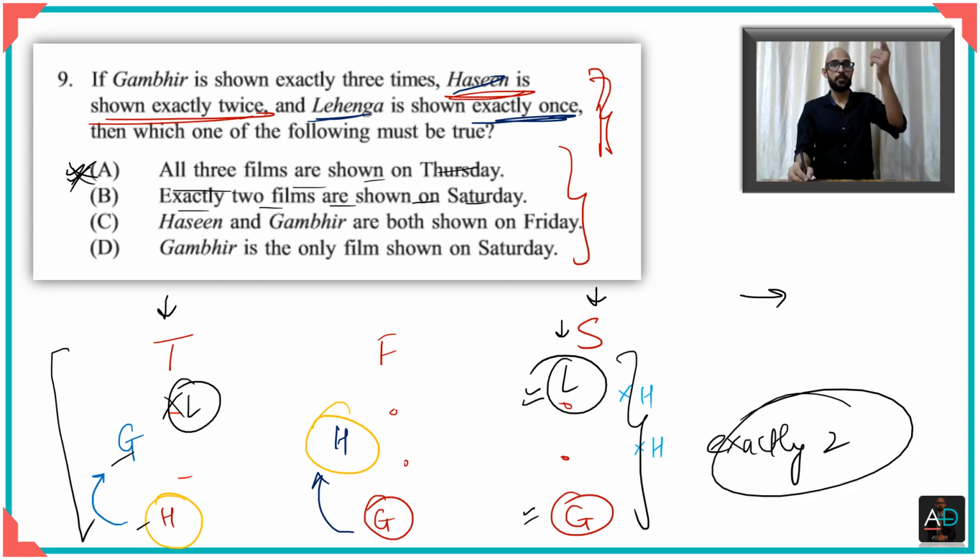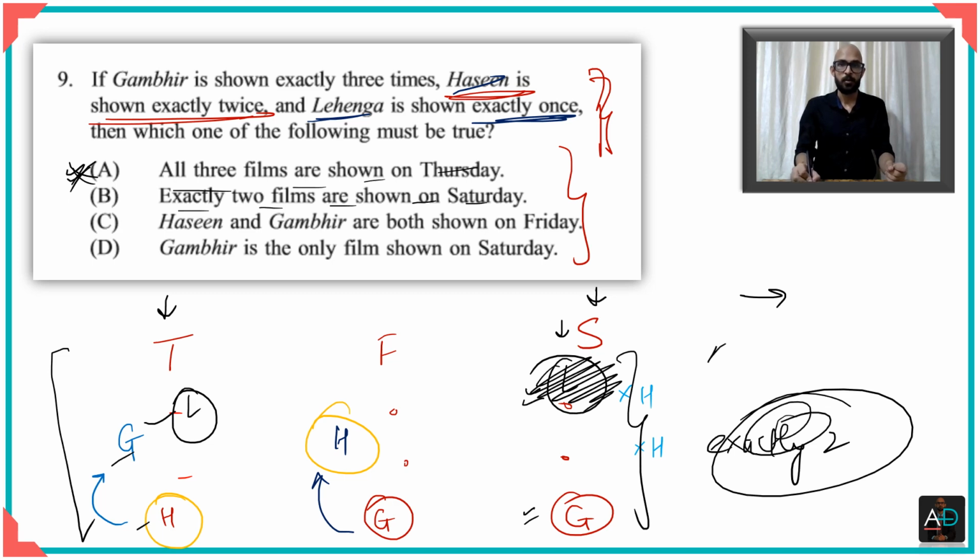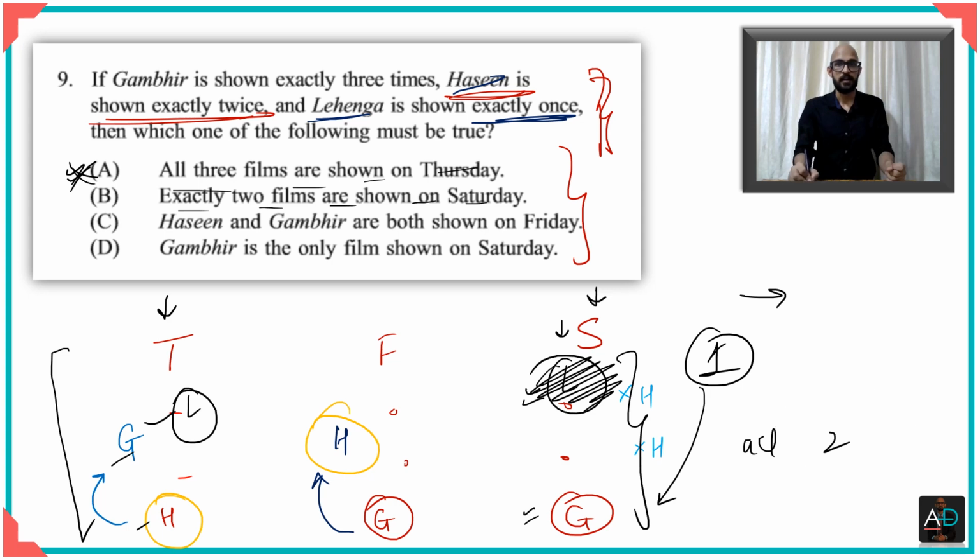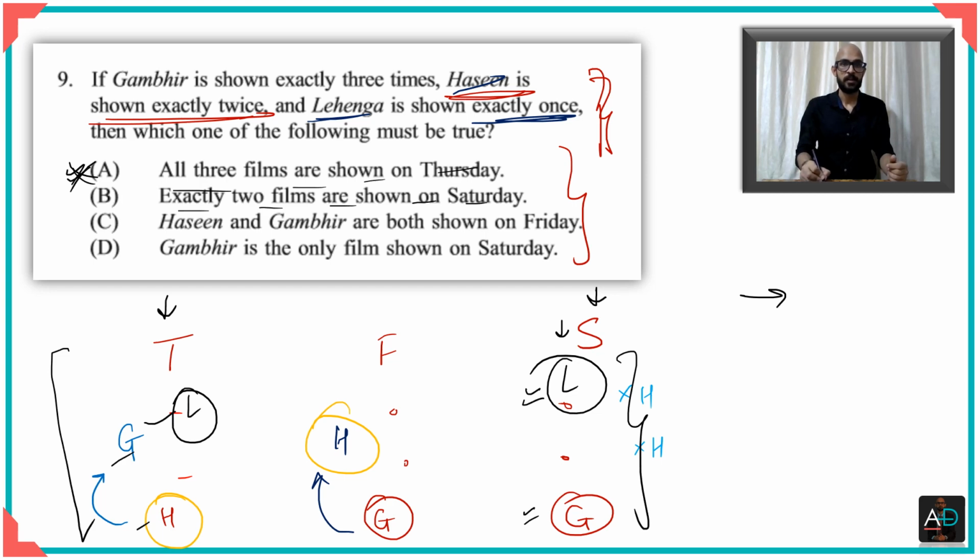But again, like with option A, it is possible that Lehenga is shown on Thursday, which means that Lehenga is not shown on Saturday. That means there is only one film that is shown on Saturday, which is Gambhir, which means that I cannot say with certainty that exactly two films are shown on Saturday, right? Which means I will eliminate option B as well.